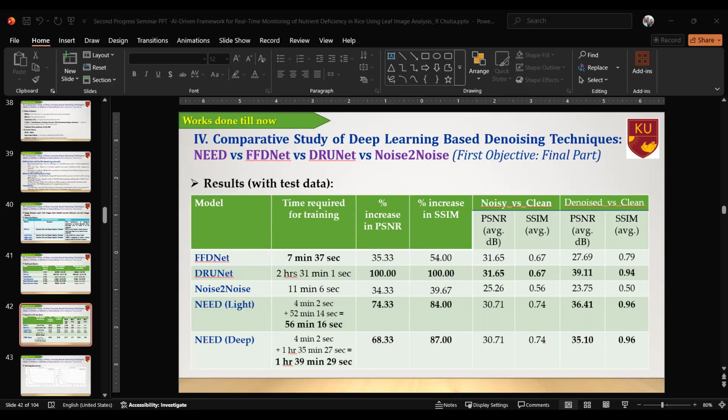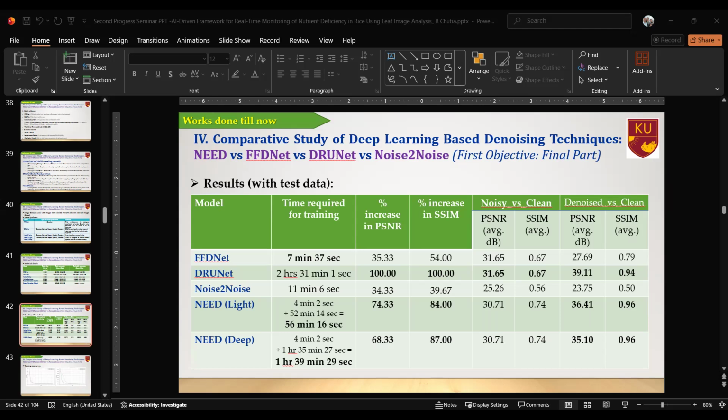And increase in PSNR. So we have seen that again the best performing three models are DRNet, NEED light, and NEED deep. Increase in PSNR in case of DRNet is 91.67, NEED light 65.40, NEED deep 60, and increase in SSIM 88.93 in case of DRNet, 84.13 NEED light and NEED deep 82.93.